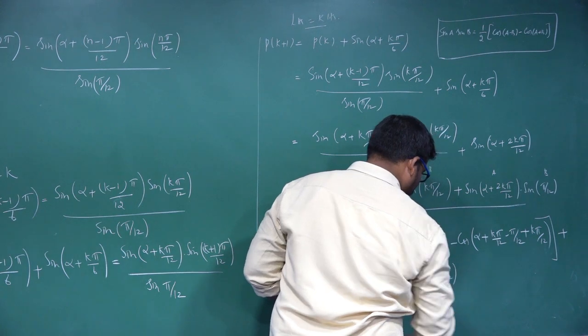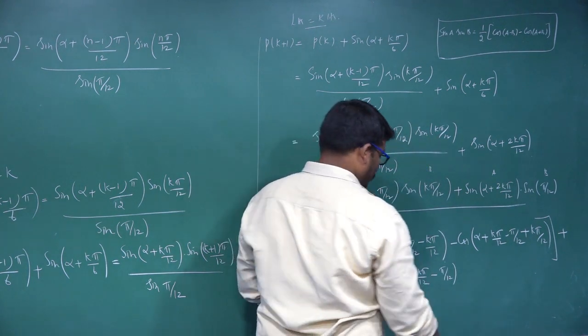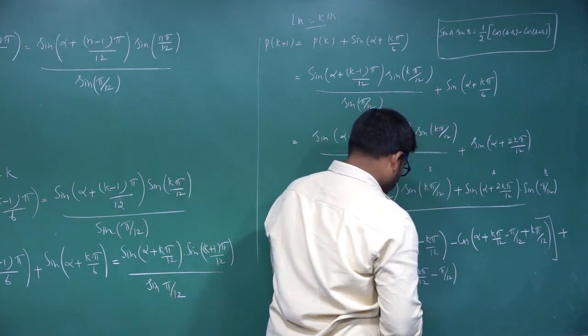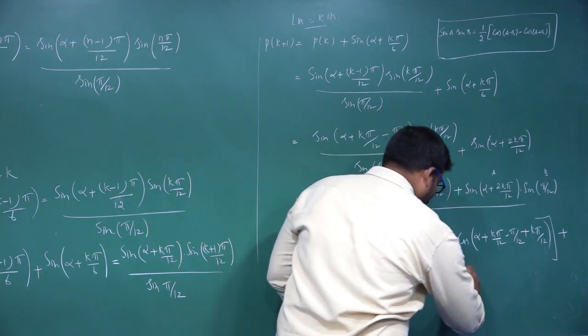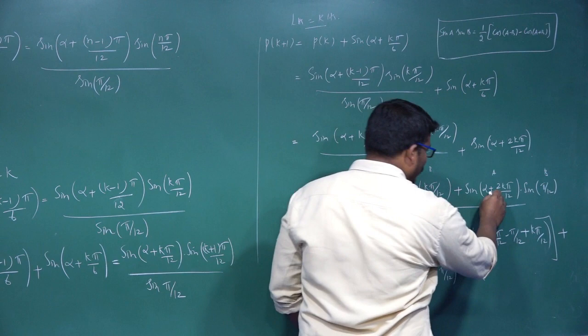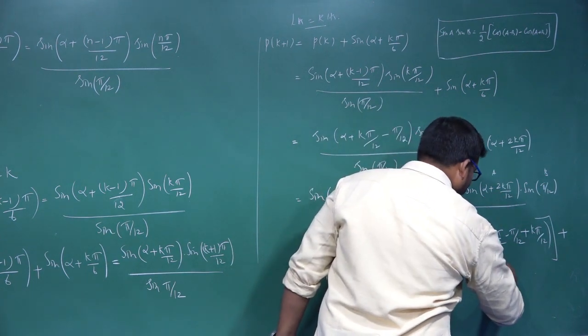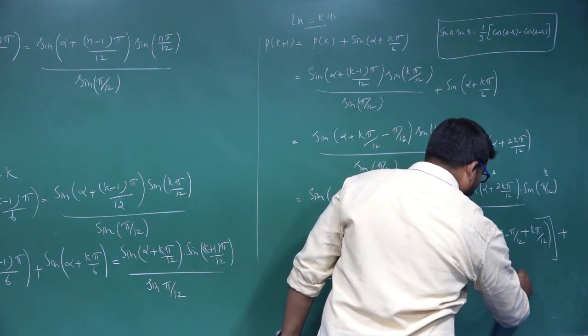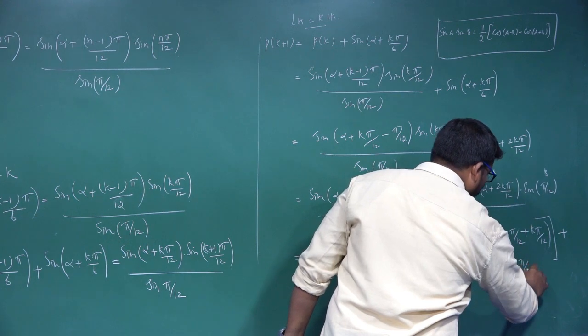Next, cos of A minus B minus cos of A plus B, where A plus B is alpha plus 2k pi by 12 plus pi by 12.